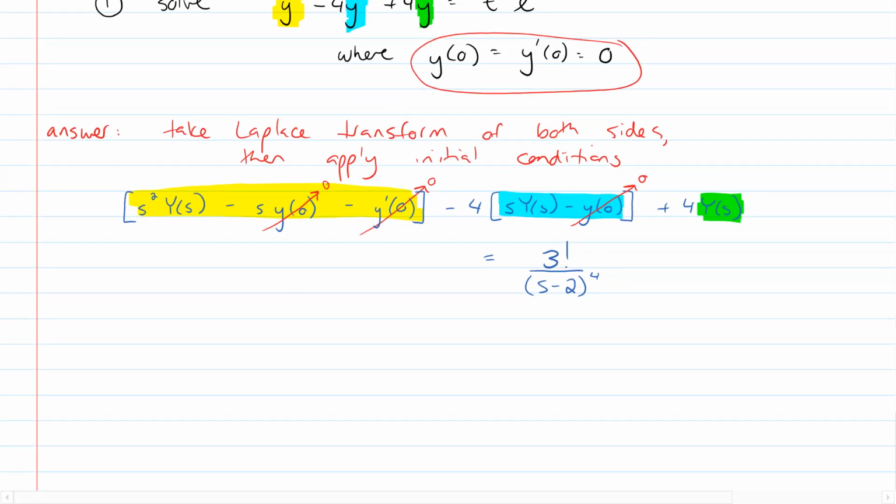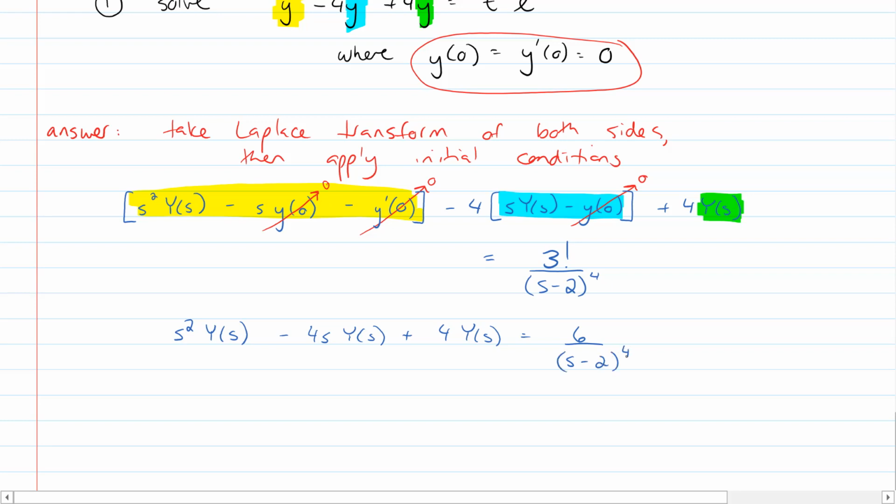If we clean this up a little bit, we get s squared Y of s minus 4sY of s plus 4Y of s is equal to 3 factorial, which is just 6, over s minus 2 to the 4th power.